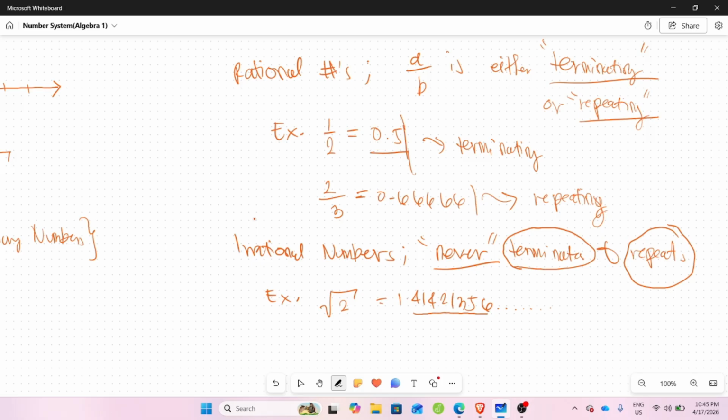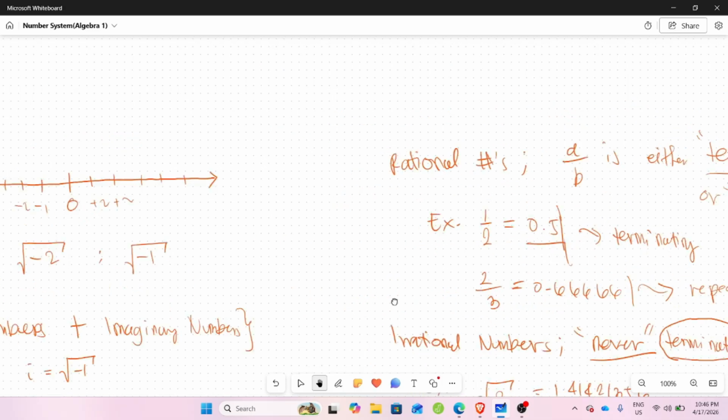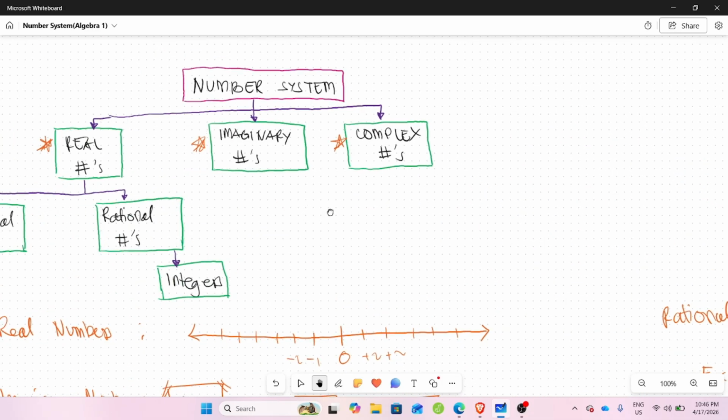So that's an irrational number. Another example, which I think we are all familiar with, is the value of pi, 3.14159265, and so on and so forth. Look that these numbers never repeat, and never terminate. And that is all about the number system.